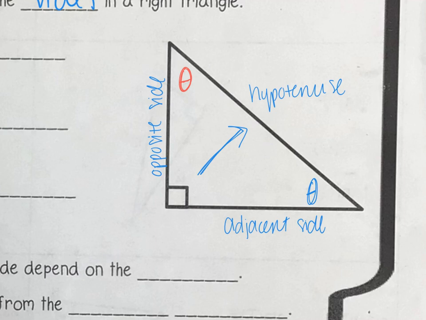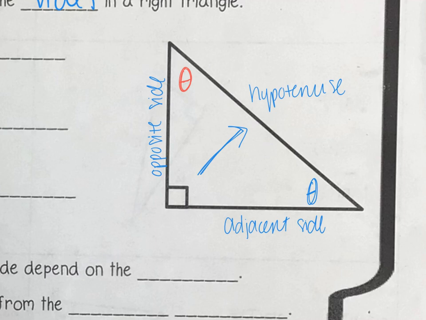So all the sides I labeled in blue were according to that blue reference angle, right? Okay. How would my triangle change if I'm talking about the red reference angle? How would my labeling change? The opposite would turn to the adjacent, and the adjacent would turn to the opposite. Very good.